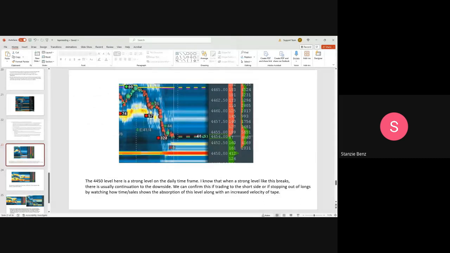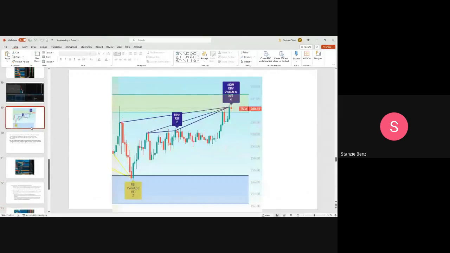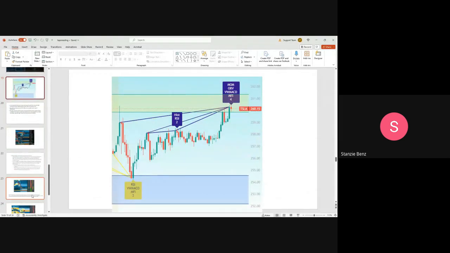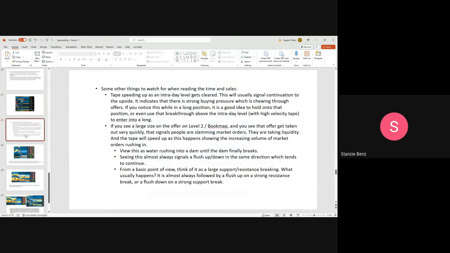There's a question: can you repeat again what you just said about the zones? Let me go back up there. So all I was saying is the red zones on the shared charts are inherently weaker zones. That does not mean you can't bounce off them, you definitely can.